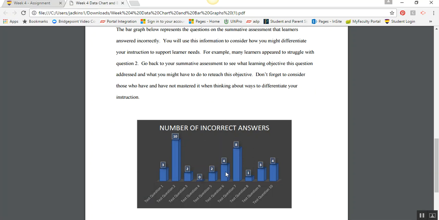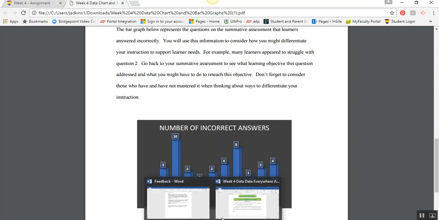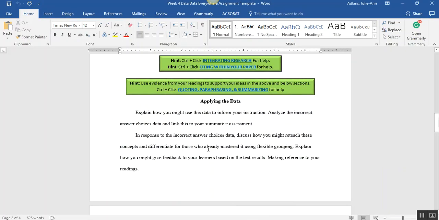Look at your test that you created and determine what topics students fully understood, what they were still struggling with, and how you might use that information for your instruction.